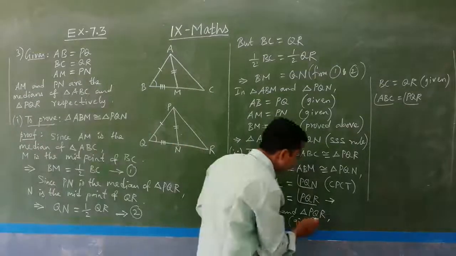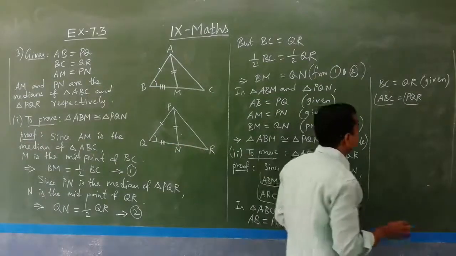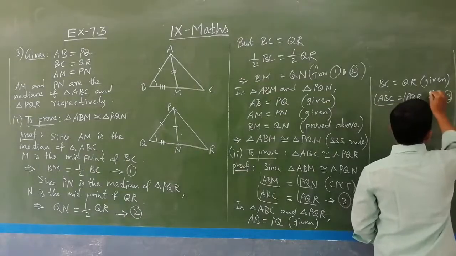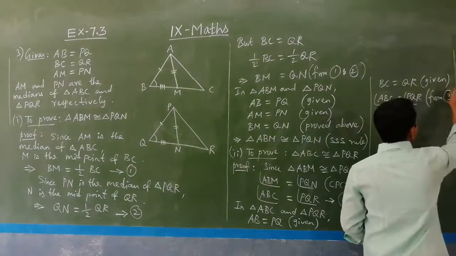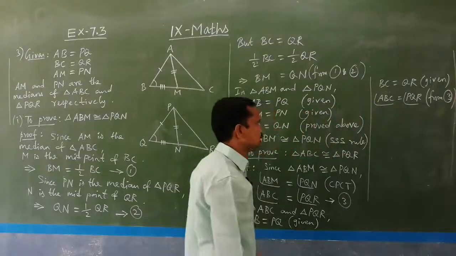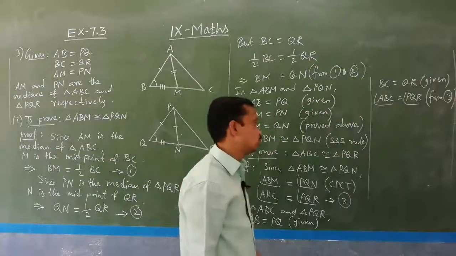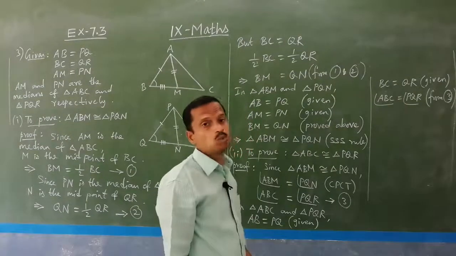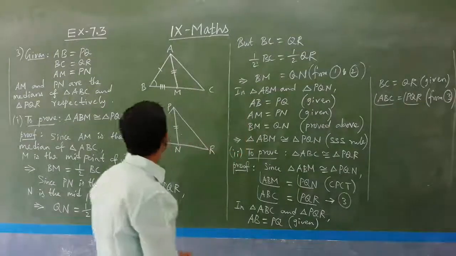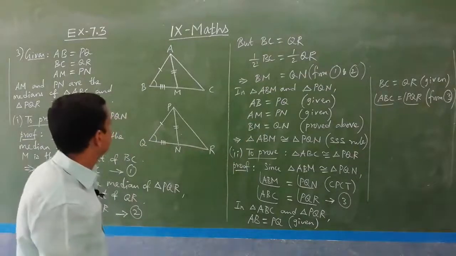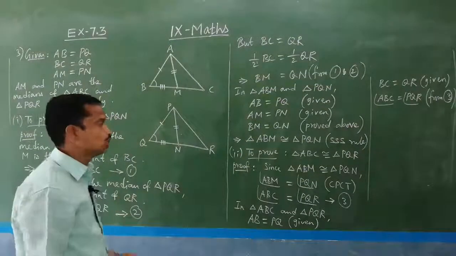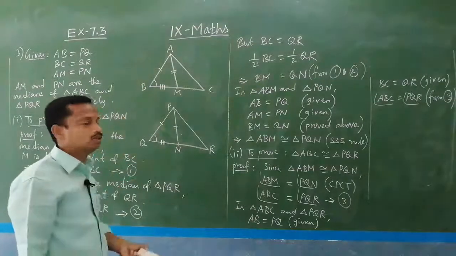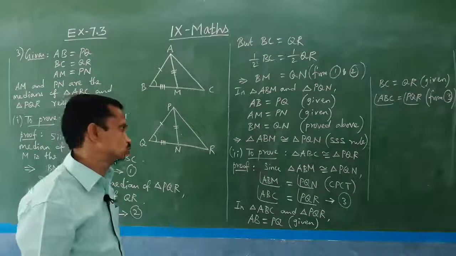We can name it as equation 3 and write from equation 3, angle ABC is equal to angle PQR. So now two pairs of sides and one pair of angles, and that is also the included angle. From the figure we can observe that the angle is included between these two sides. So we can say by SAS rule they are congruent.